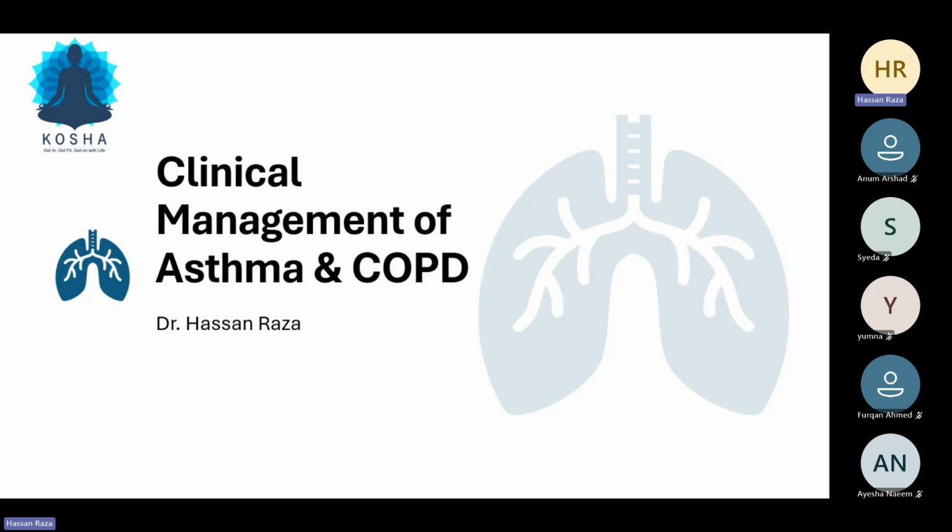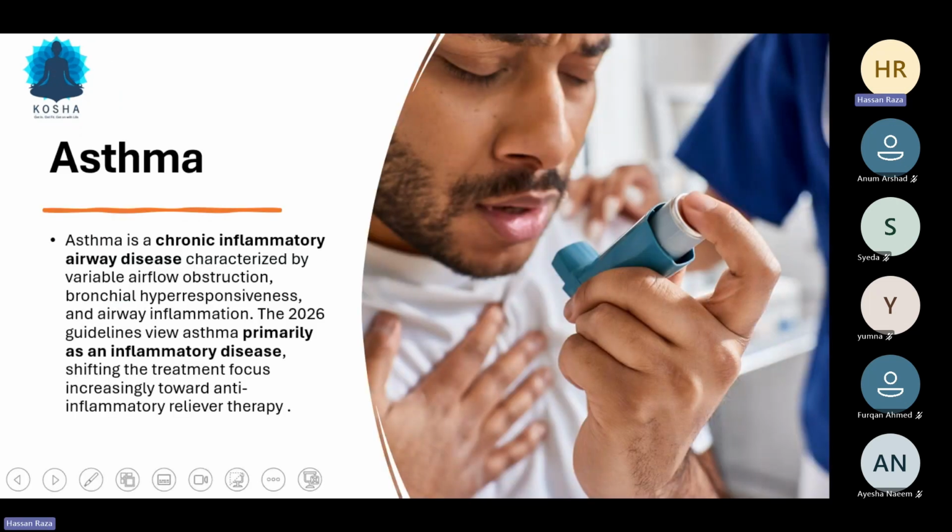For asthma, I have compiled GINA guidelines, and you can get the guidelines by just going to Google, and I will share the link of the guidelines as well. For asthma it is GINA guidelines, and for COPD, I will discuss GOLD guidelines. So let me start, starting with asthma.